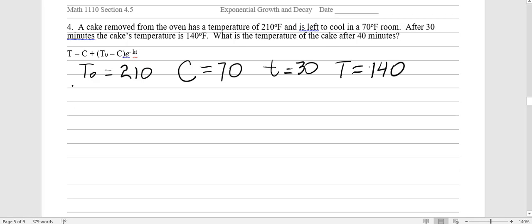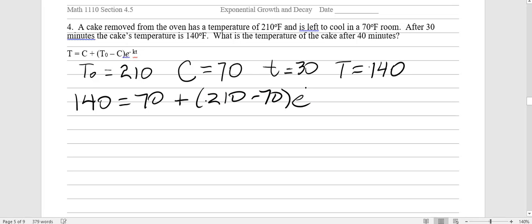So we replace the values with these specified numbers and we'll be able to find our k. So 140 equals 70 plus (210 minus 70) e to the minus k times 30.